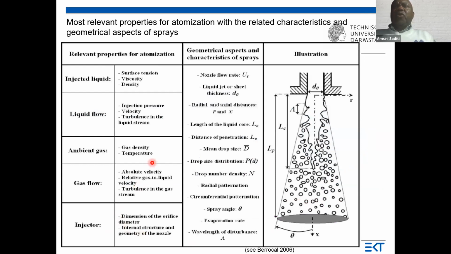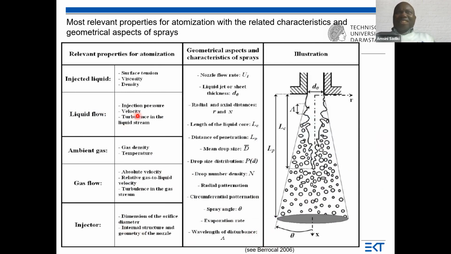And here I summarize, following the work by Berokal, 2006, the relevant properties of atomizer. I will come back to this.